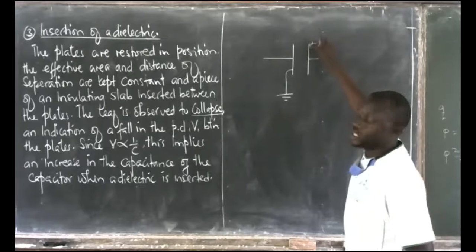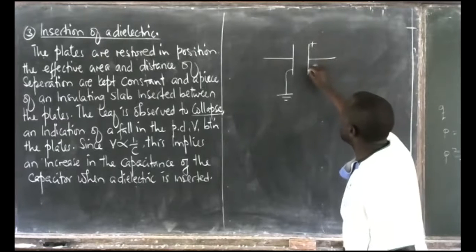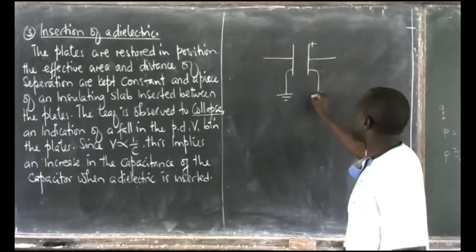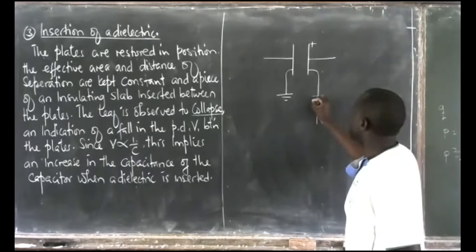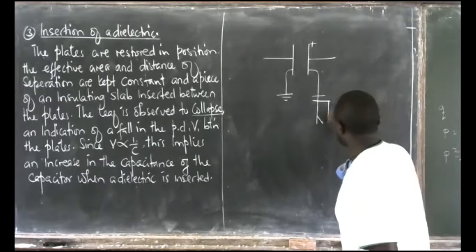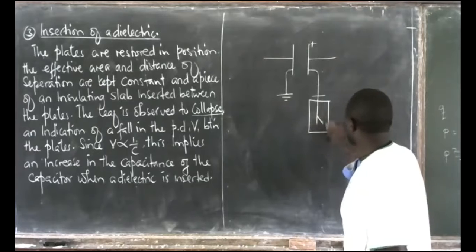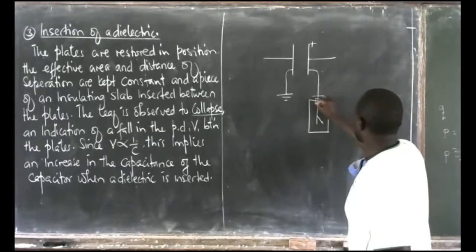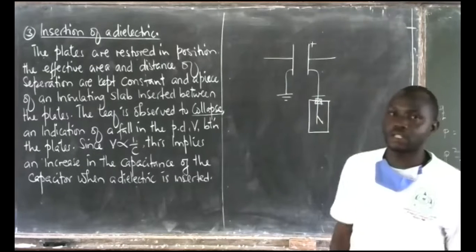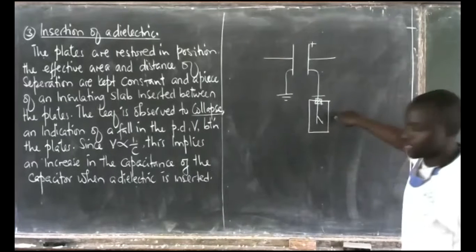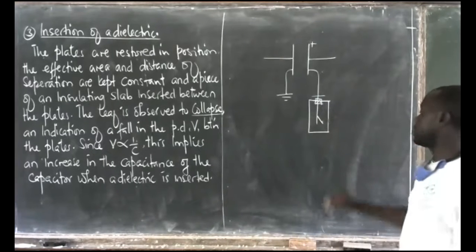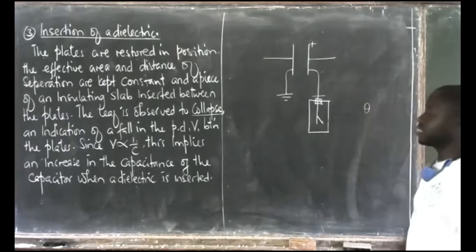Since this plate is charged and I connect it to a gold leaf electroscope, the electroscope will also get charged by conduction. The leaf diverges up to some point, and we note that divergence as theta.